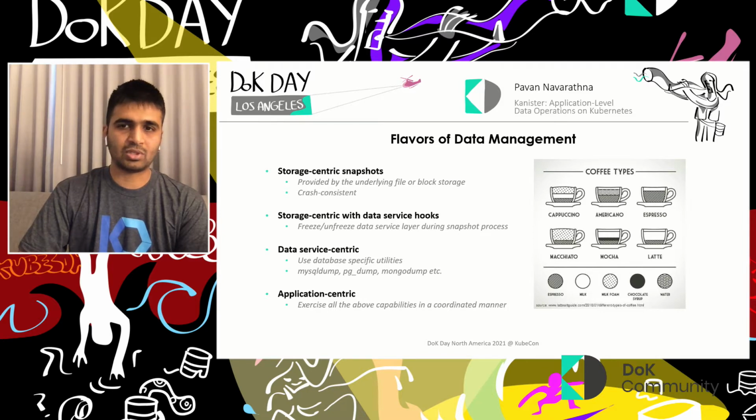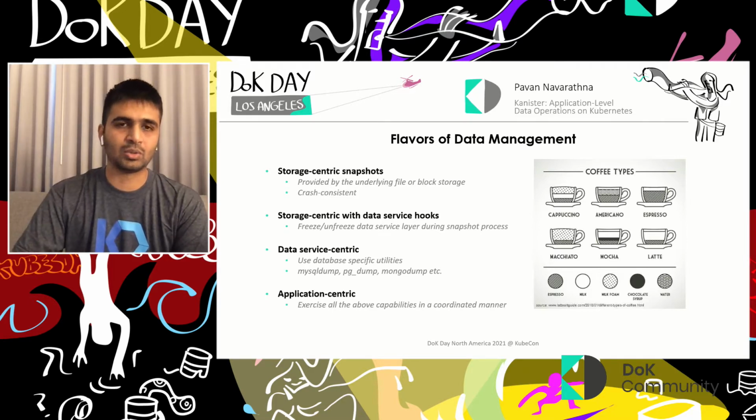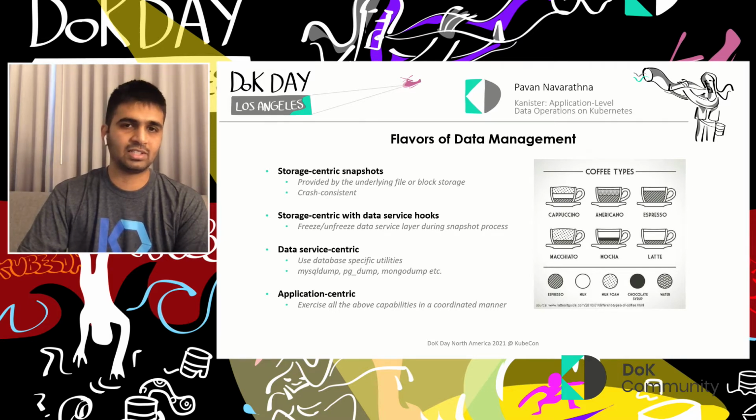Storage-centric snapshots mostly utilize the underlying storage provider's snapshot capabilities. In most cases, these are crash consistent and they provide a pretty good way to snapshot the underlying volumes. Now, one thing we know from this is that the storage-centric approach, the snapshot process, doesn't really interact with the application itself.